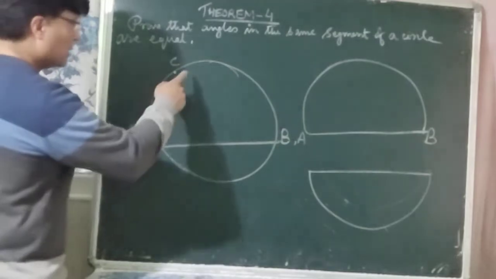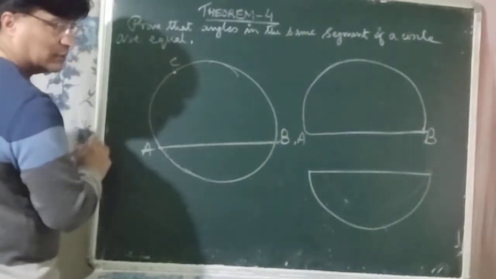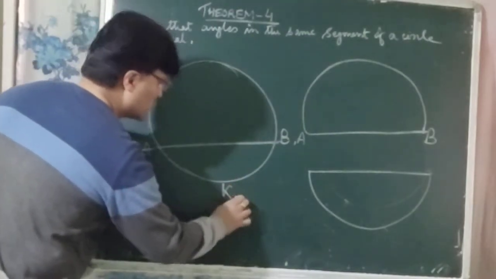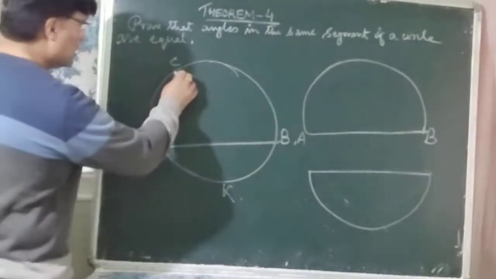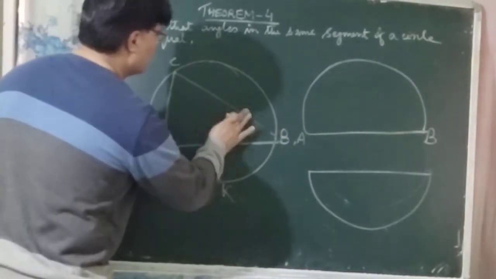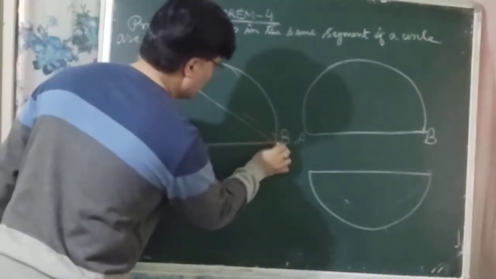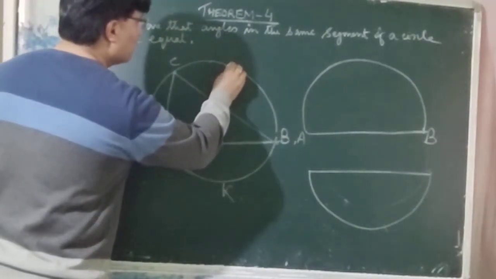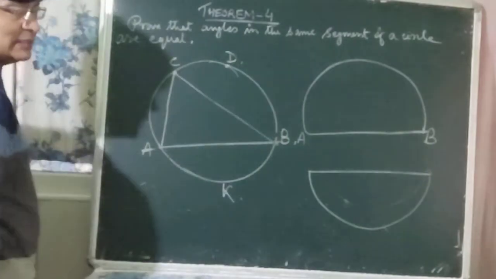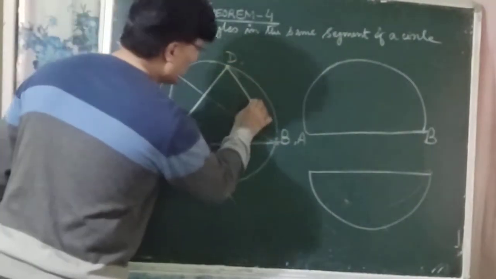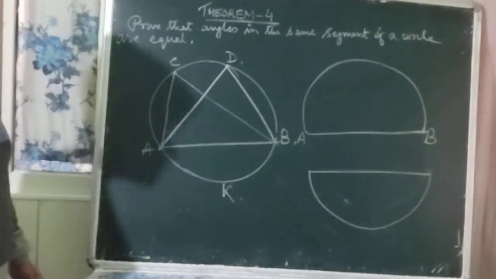C is any point of the circle, right? And you know about the arc of the circle also, AKB, right? So join A and C and join C and B. And also you take any point D on the circle, you join D and A and you join D and B. Okay?